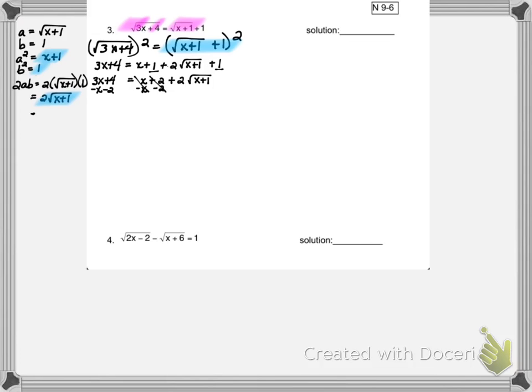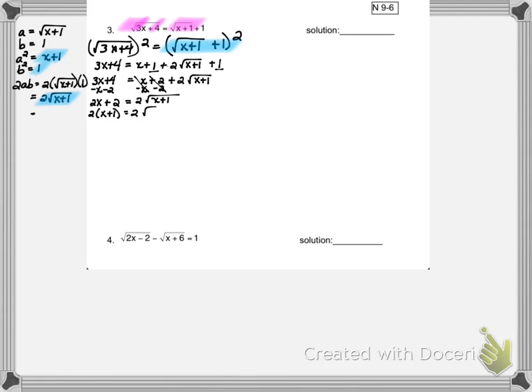And over here, 3x minus x is 2x, and 4 minus 2 will be plus 2, and that equals 2 times the square root of x plus 1. Okay? Now, if you think about this, this is the same as 2 times x plus 1 when I factor out a 2.